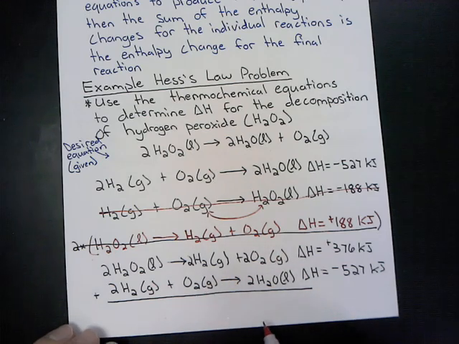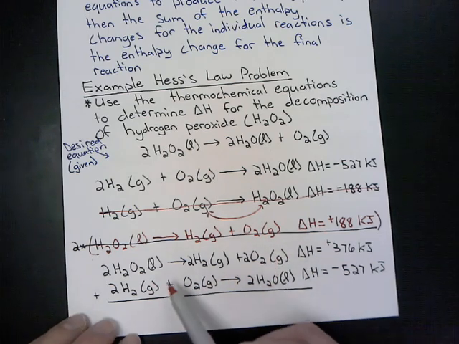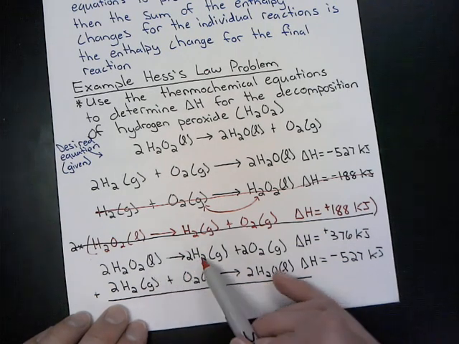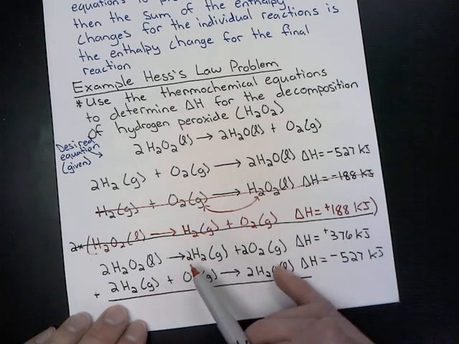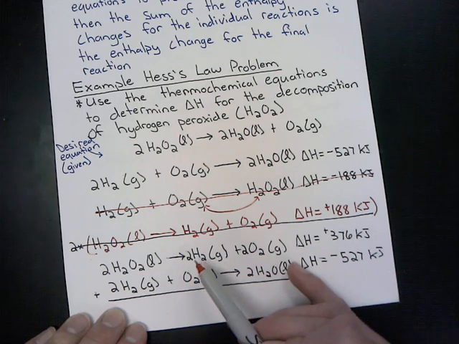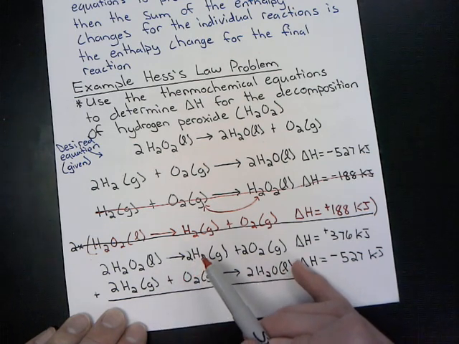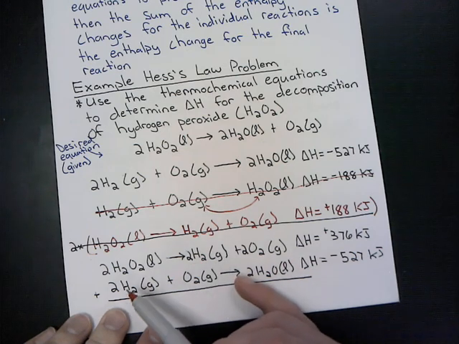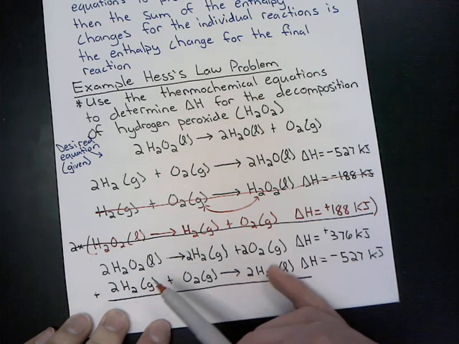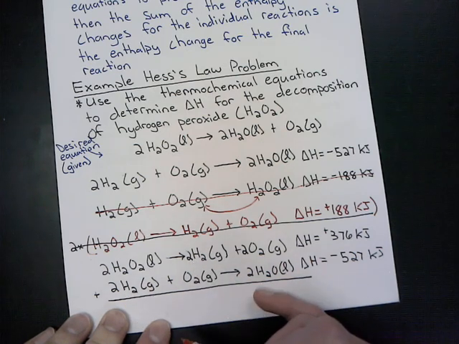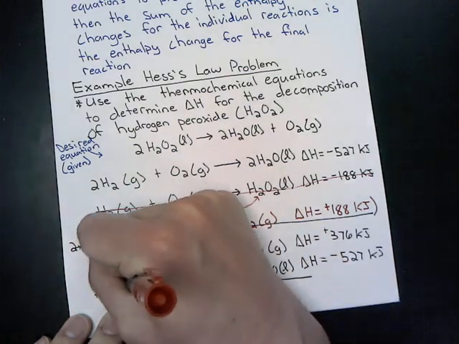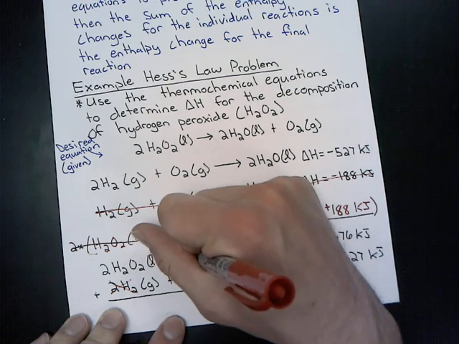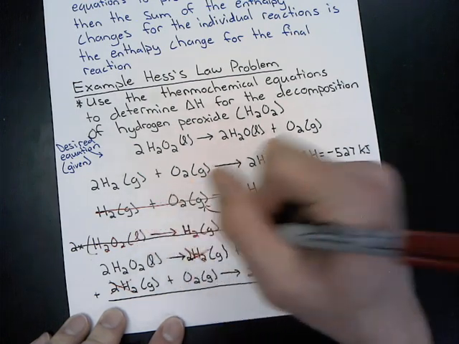The first thing that I notice on different equations on opposite sides is H2, the same substance. I can reduce two H2s with two H2s. So when I do that, I can actually eliminate our H2.